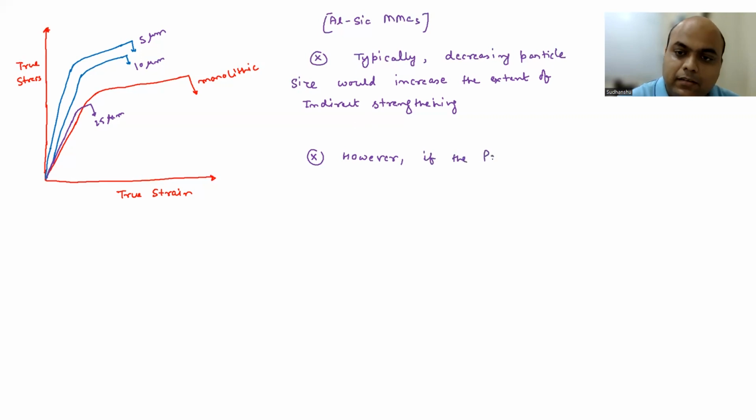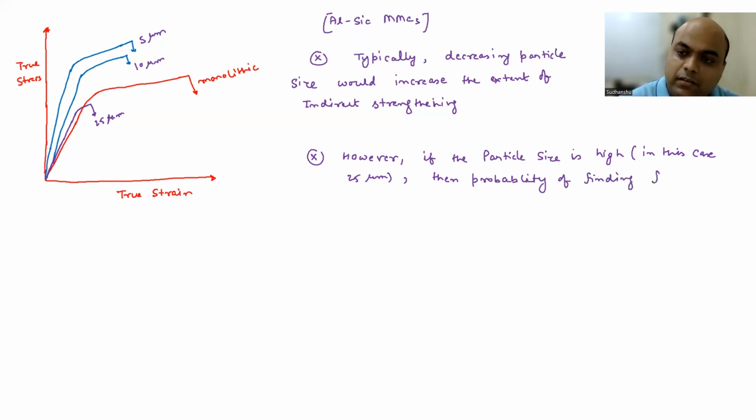However, if the particle size is high, in this case 25 micron, then the probability of finding fractured particles would be higher.